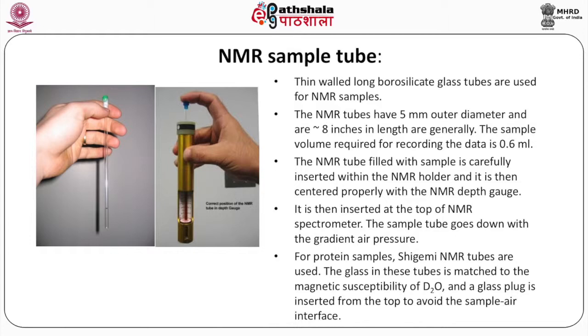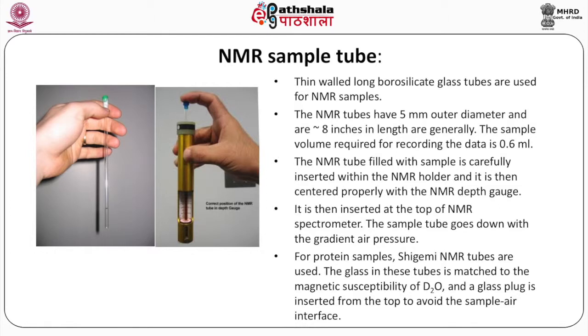The sample tube goes down with gradient air pressure. So, first we lift the sample, the air should be coming out of the spectrometer, then we put the NMR tube into the spinner, and that we put inside the magnet from the top with air pressure, and then this pressure is gradually lowered so that the sample goes inside and sits in the NMR probe.